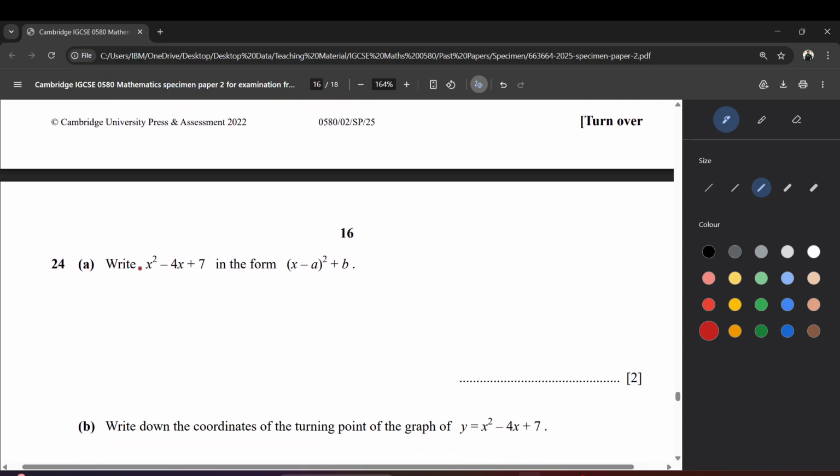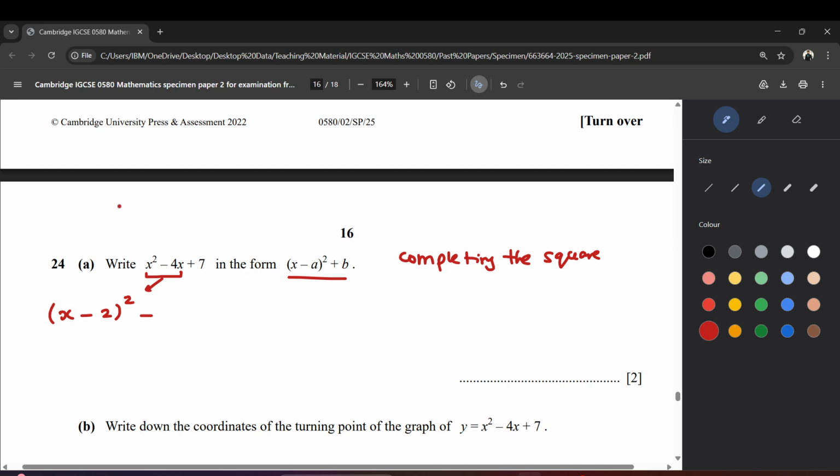Now question number 24. Write x square minus 4x plus 7 in the form x minus a whole square plus b. Whenever the question asks you to express your quadratic expression in this form, this is the question of completing the square. First of all, we take this part of the expression and express it this way: x minus, you take half of the coefficient of x, which will be 2, whole square, and then you subtract the same value, the half of the coefficient.